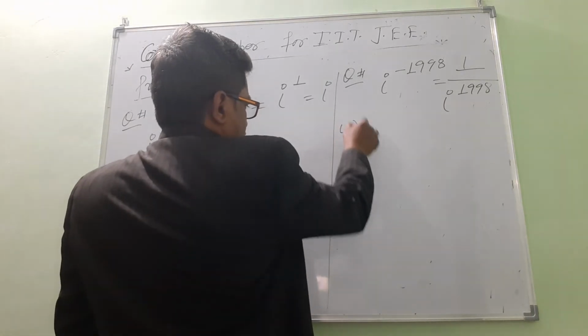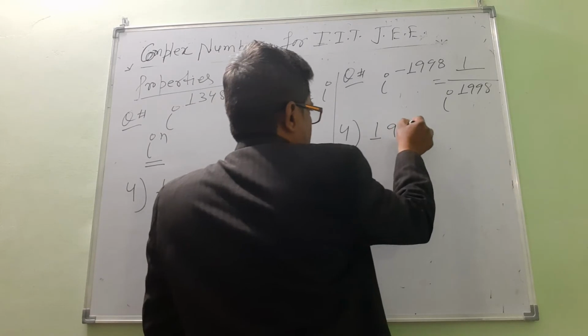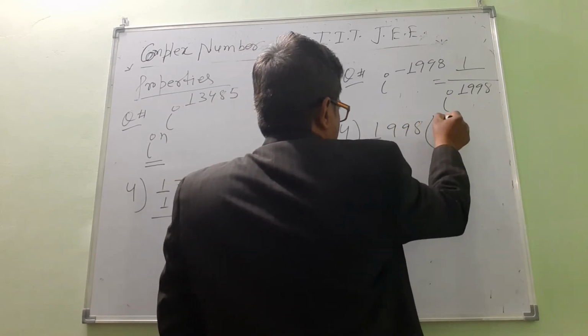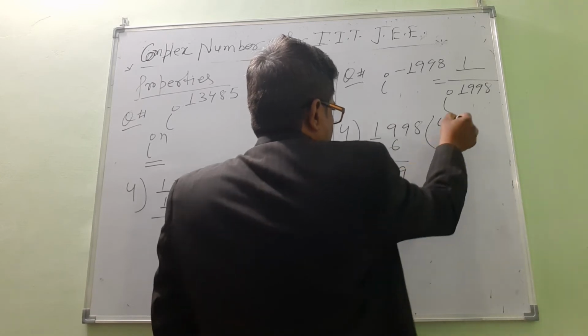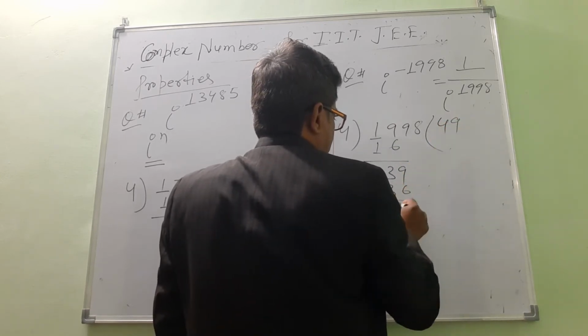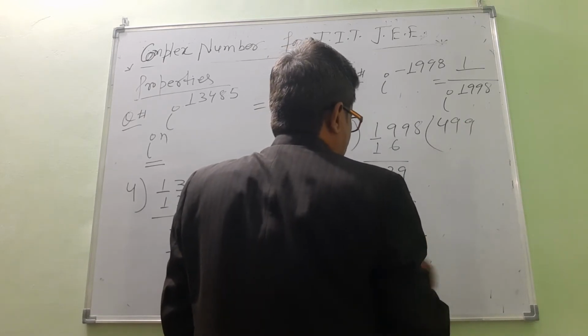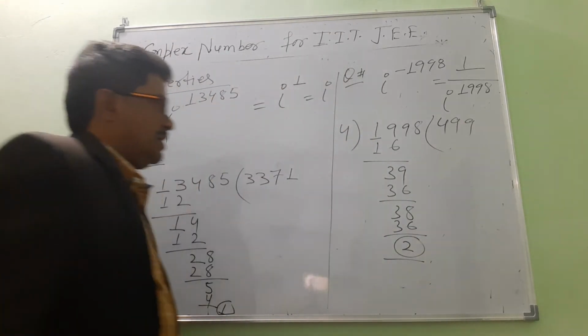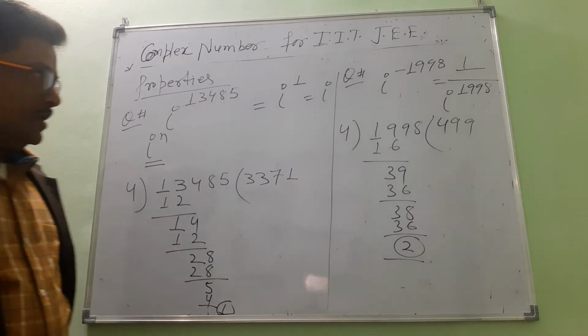Now we will apply our method. Divide 1998 by 4. 4 4s are 16, 39; 4 9s are 36, 38; 4 9s are 36. Remainder is 2 in the last.